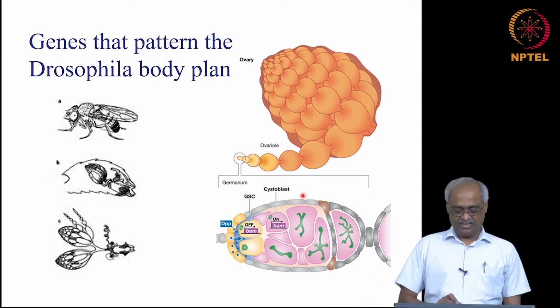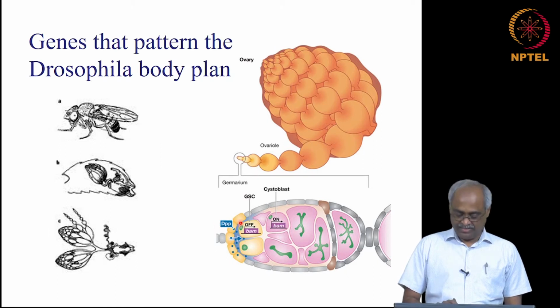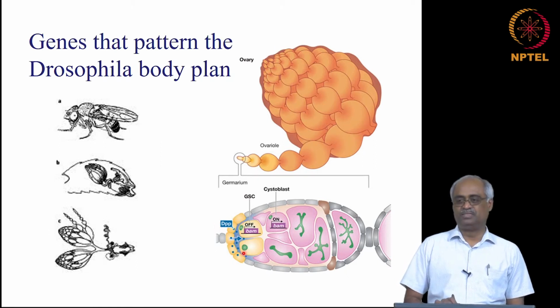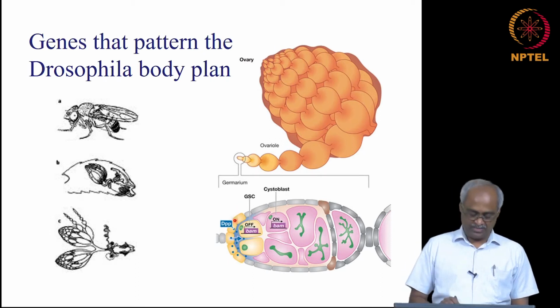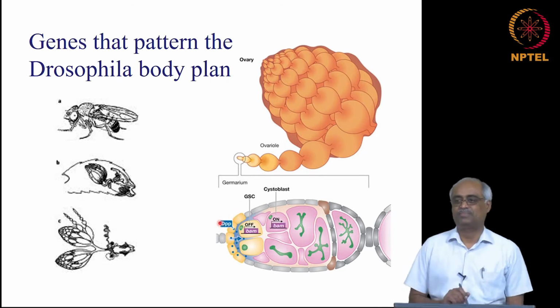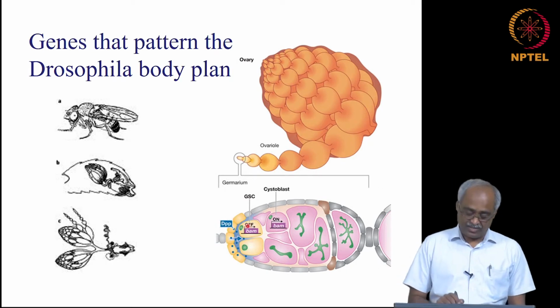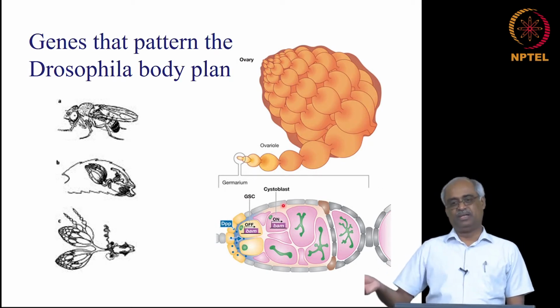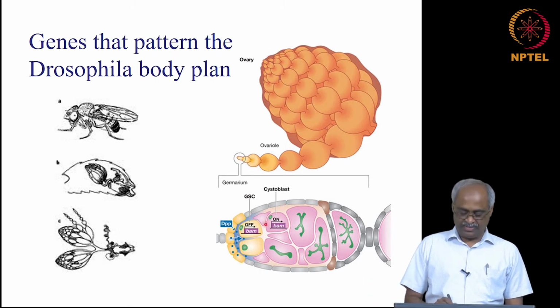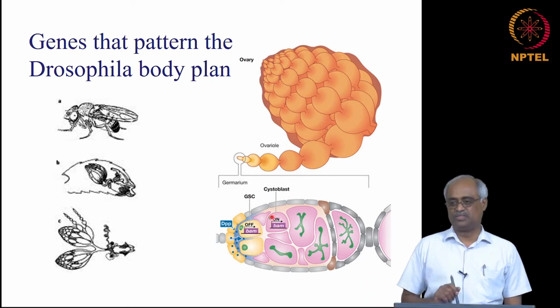So, that signaling, just to recollect our memory, this is not our interest for now, is the TGF beta signaling. Remember BMP, all that we learnt, and one of them is decapentaplegic, that is DPP. If you get DPP, you are going to be a GSC, if you do not get it, then you are going to differentiate to make the oocyte, and that starting cell we call the cystoblast.